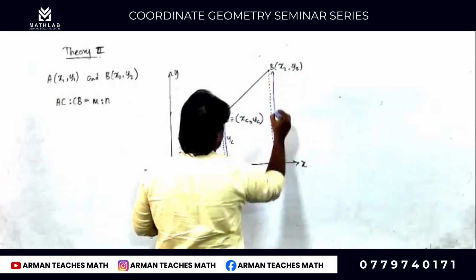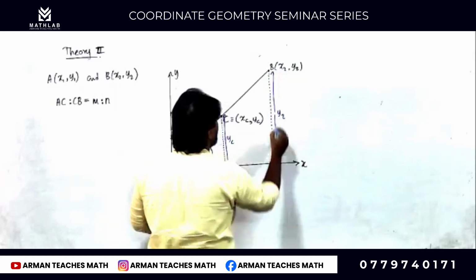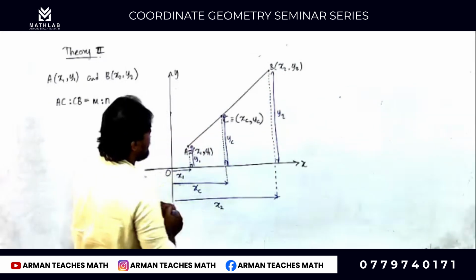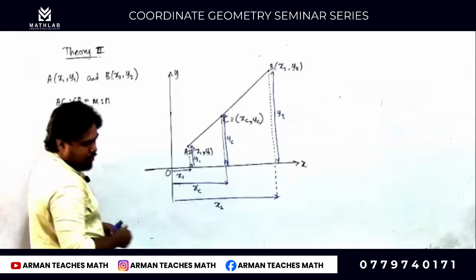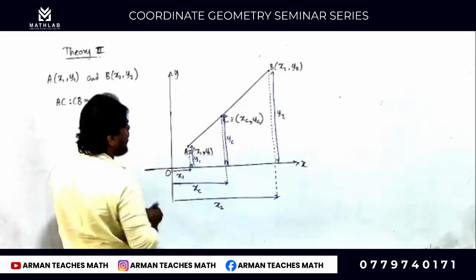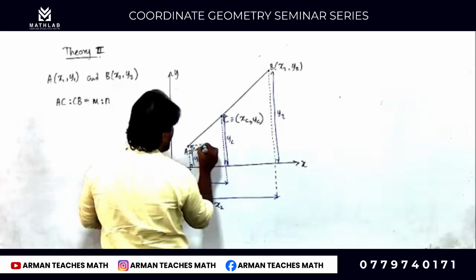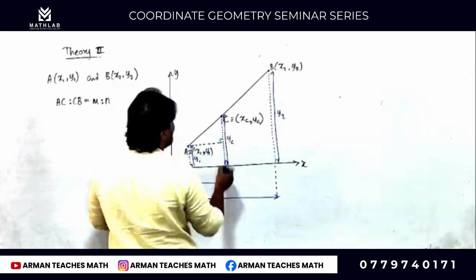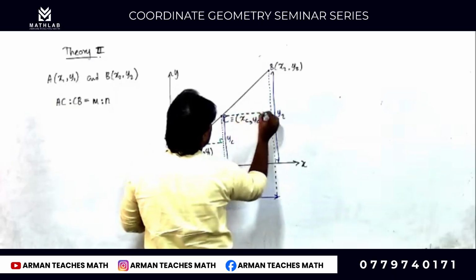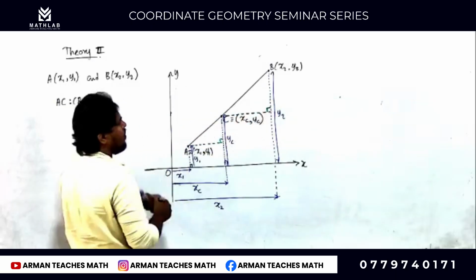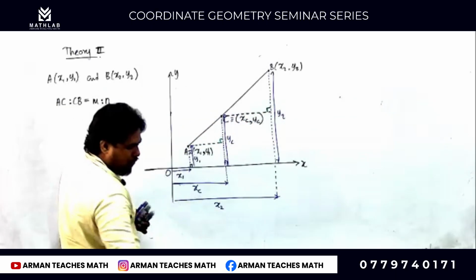Now I'll draw a perpendicular line from A to this point, and from this point I'll draw a perpendicular straight line segment to this.